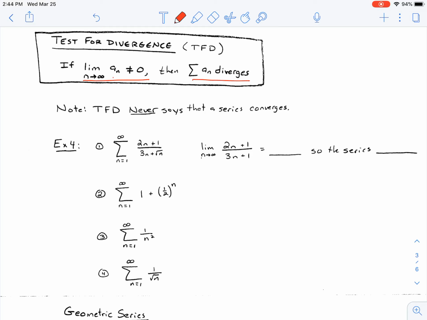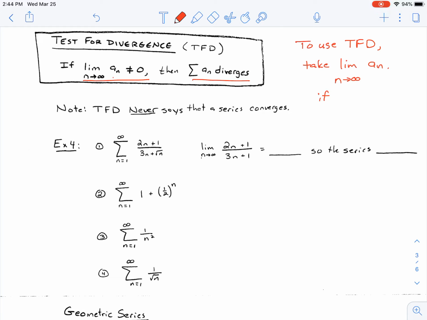So the way you use it is this. To use the test for divergence, take the limit as n goes to infinity of a sub n.